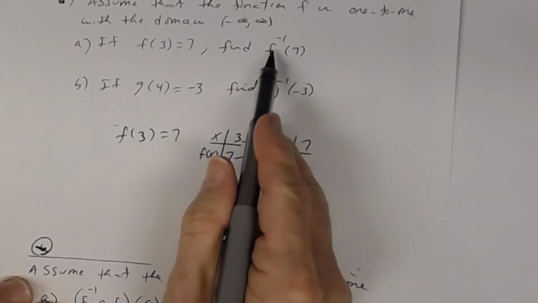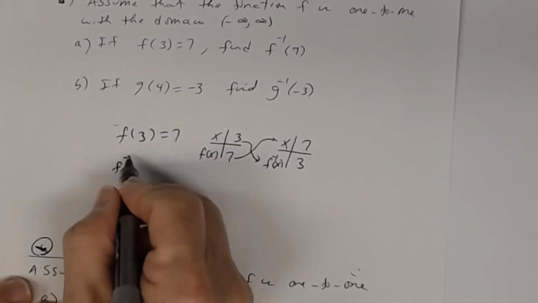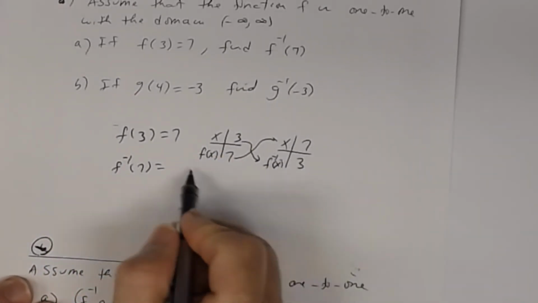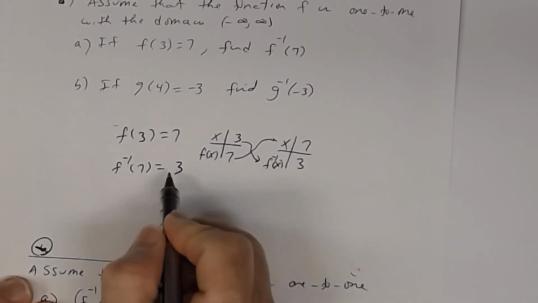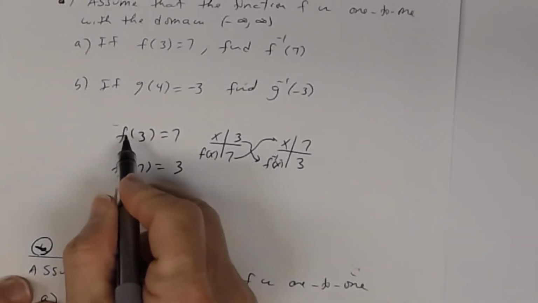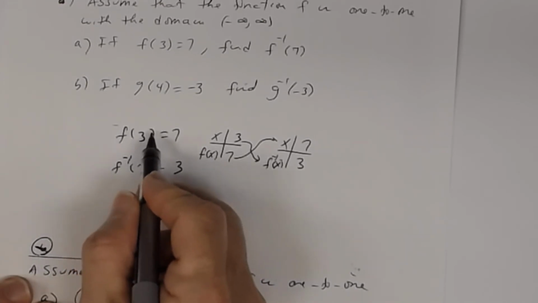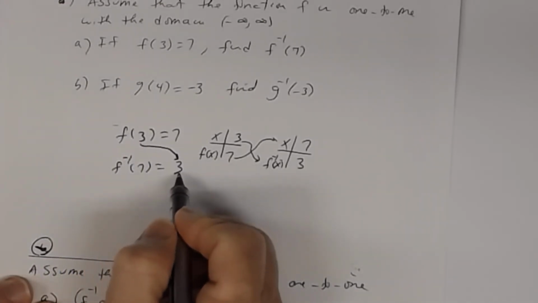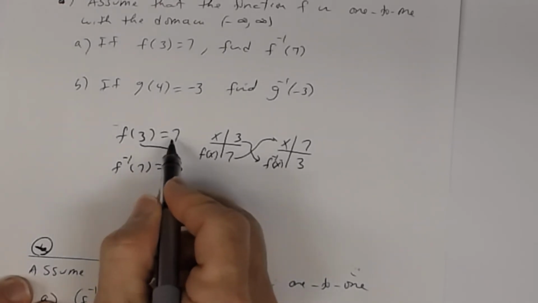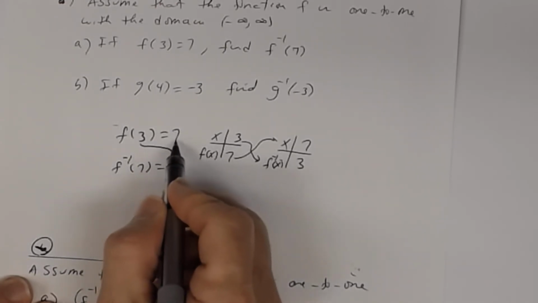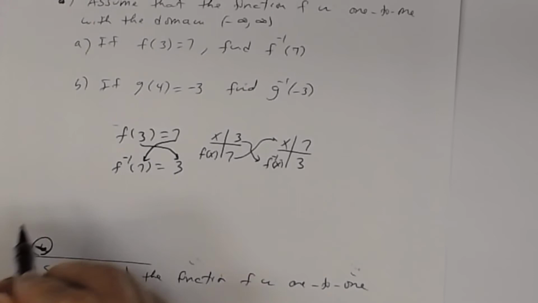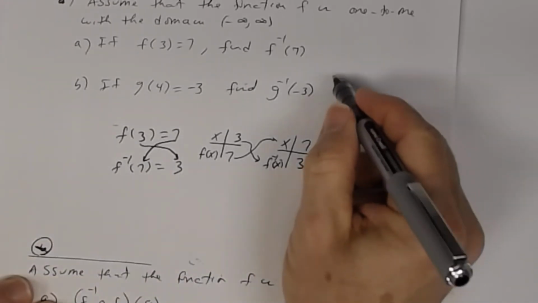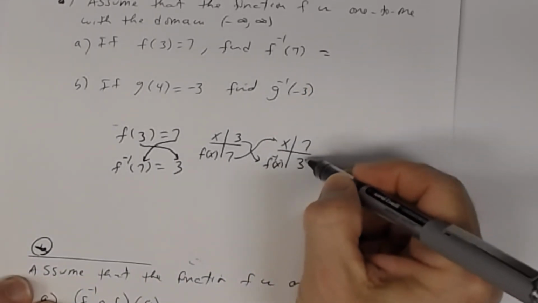So f inverse of 7 would be 3. The x coordinate of your function f of x becomes the y coordinate of the inverse. The y coordinate of your f of x becomes the x coordinate of the inverse. All right. So this answer here is f inverse of 7 is 3.